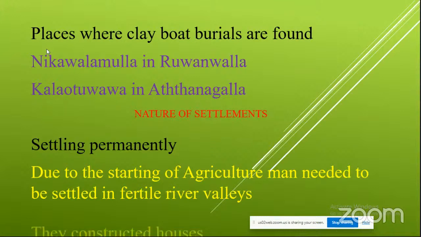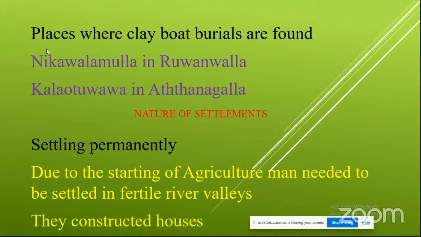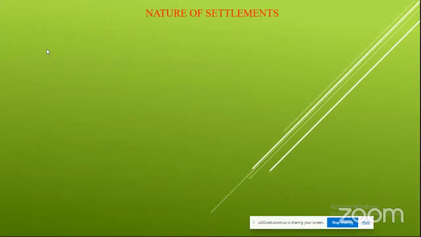Why were they not using fertile river valleys initially? Because if they constructed their houses in fertile river valleys, they were regularly flooded. So their settlements may be regularly destroyed.